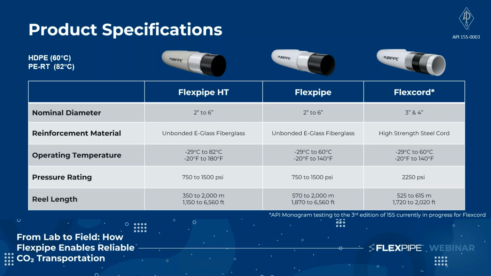The next element is the load-bearing reinforcement layer, which delivers the pipe's mechanical strength. Flexpipe utilizes either unbonded glass fiber or high-strength steel cord to withstand internal pressure and external loads.